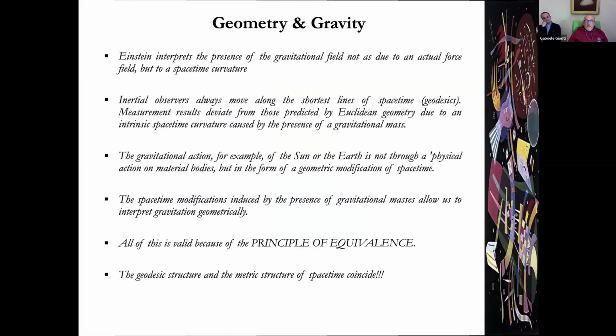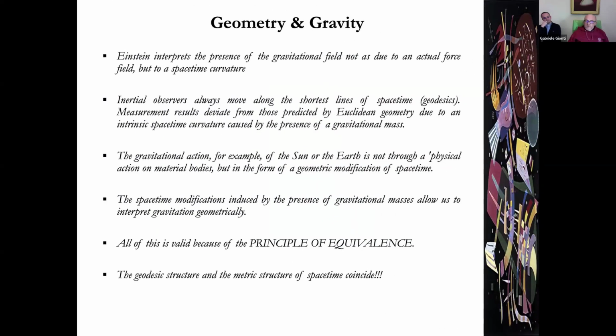Now, geometry and gravity: this is an important point in Einstein's General Relativity. Einstein interpreted the presence of a gravitational field not as due to an actual force field, but to a space-time curvature. So space-time curvature encodes what was once the gravitational force field.